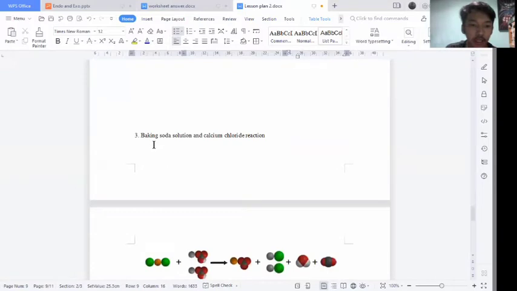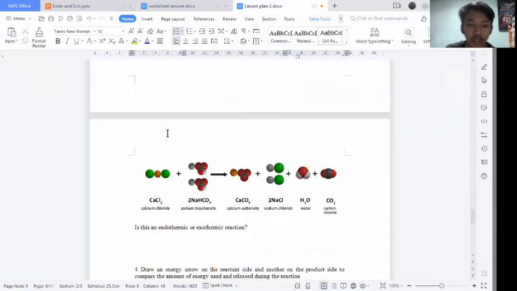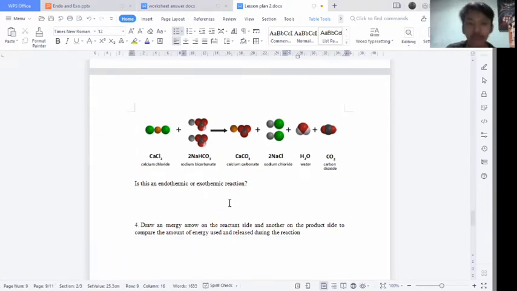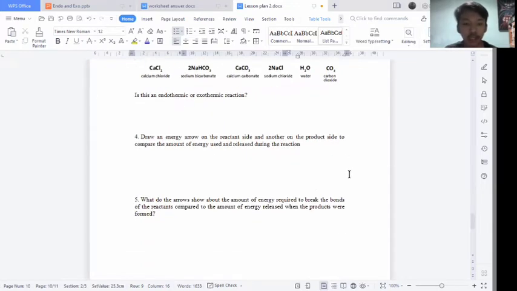And the third one is the baking soda solution and calcium chloride reaction. Is this an endothermic reaction or an exothermic reaction? Please answer. And then draw an energy arrow on the reactant side and another on the product side to compare the amount of energy used and released during the reaction.